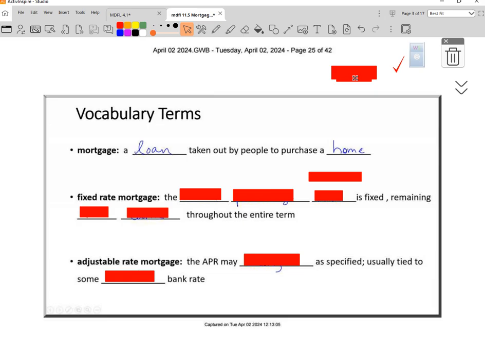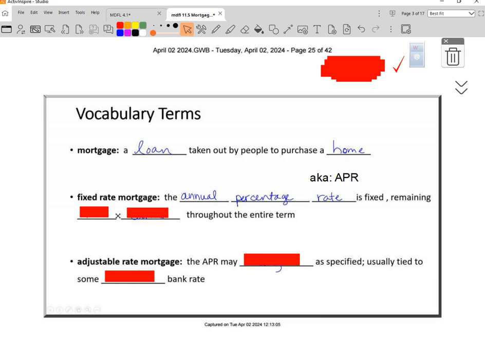So on a fixed-rate mortgage, the annual percentage rate is fixed. And remember, that is very often abbreviated as the APR. You 100% should know that. You guys have been doing research on buying a car. We've talked about other kinds of things. So APR is something that you'll see advertised as a way to sell you someone's product.